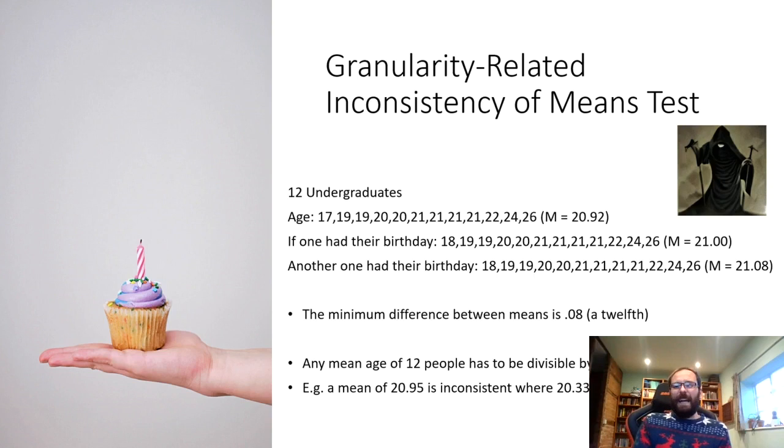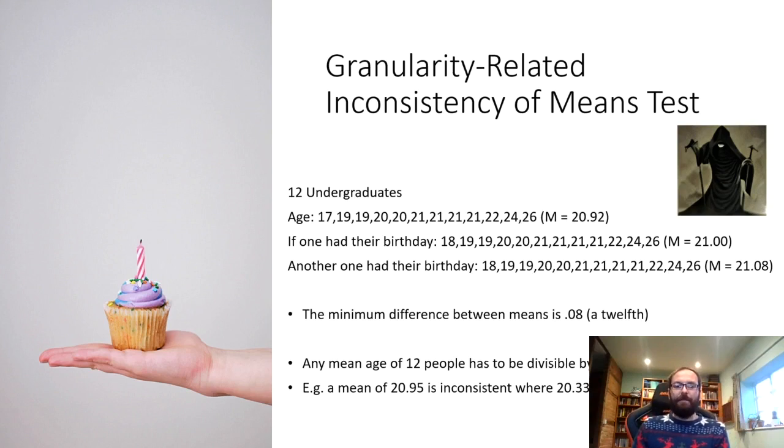Now, if somebody had their birthday, so we just changed one of those, we changed that 17 to an 18, we see that the mean age changes from 20.92 to 21. And again, if somebody else had their birthday, it changes from 21.00 to 21.08. So we can see that the minimum difference between each mean score is 0.08.